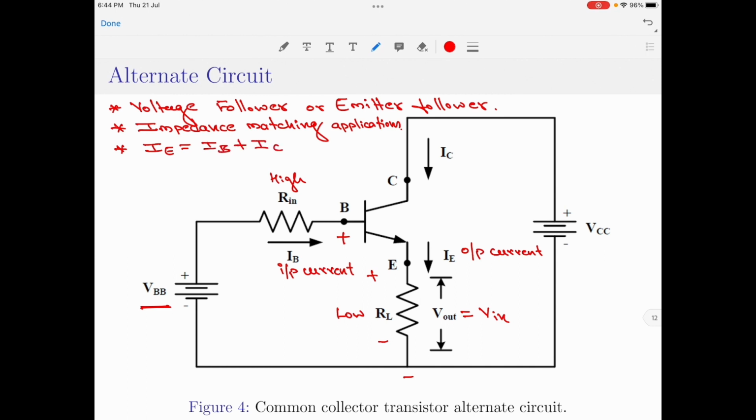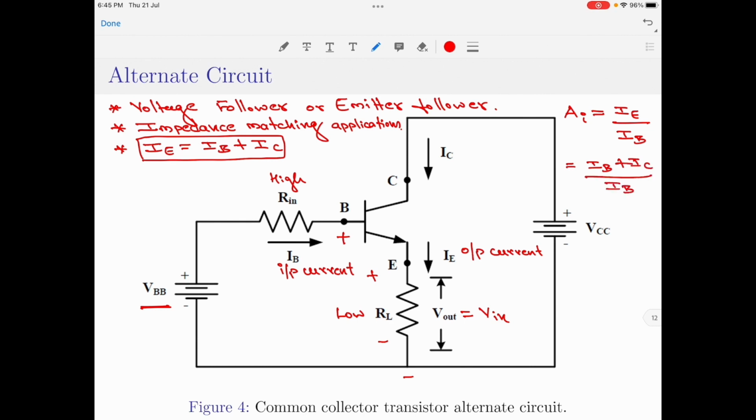For the common collector configuration, you should note the current gain AI is the ratio of the output current IE divided by the input current, which is IB. Let us substitute IE equal to IB plus IC into the equation for AI. So, this will be equal to IB plus IC divided by IB.